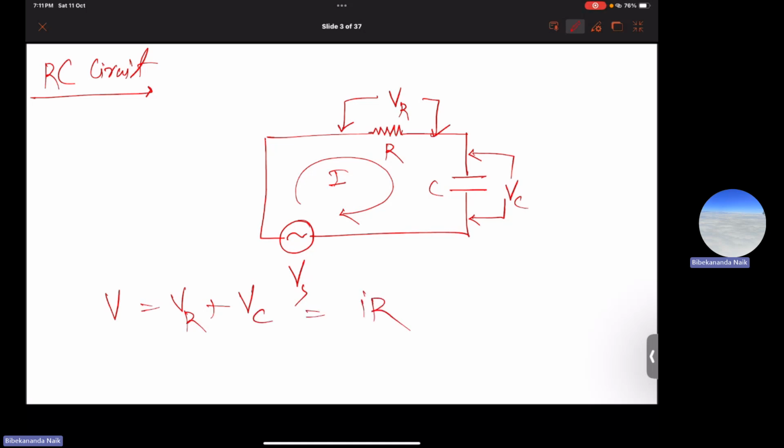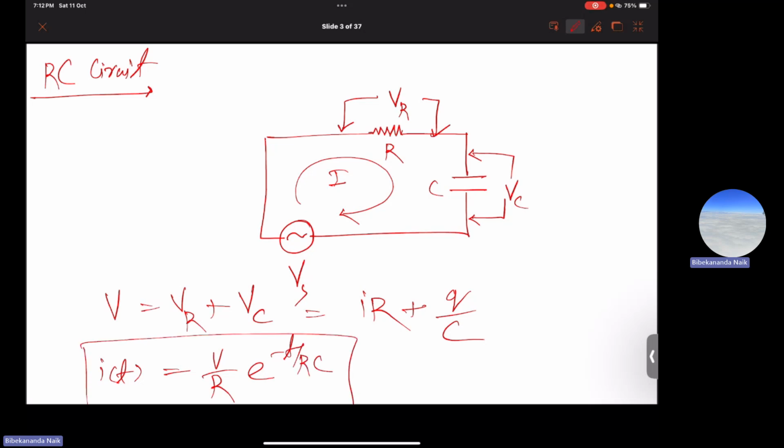The voltage drop across the resistor is V equals IR, and the voltage drop across the capacitance is given by Q by C. For the time dependent part, the current will be V by R e to the power minus t by RC. This is when the DC voltage is applied.